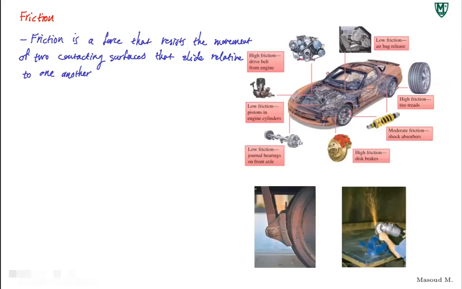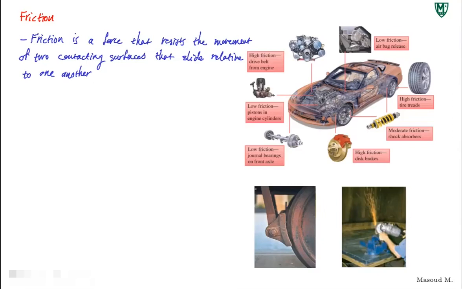Since it's a force, we know, as we already talked about, force is a vector, so we have to decide about its magnitude and its direction. We'll talk about the magnitude later on, but generally speaking, in terms of direction, friction is always tangent to the surface at the points of contact. If you have two surfaces, wherever they are in contact with each other, friction is tangent to the surface. That would be the line of action for friction, tangent to the surface at points of contact.